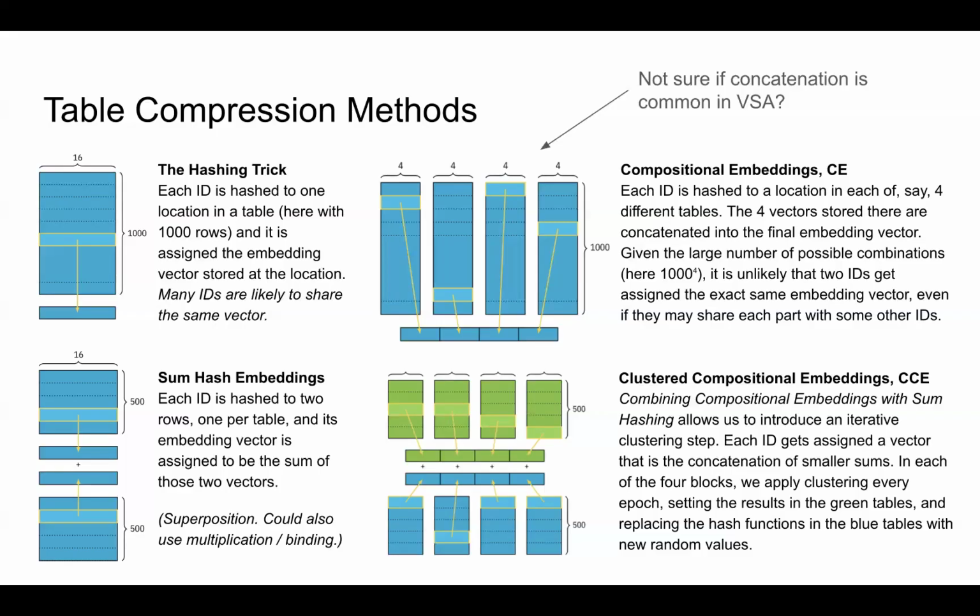So we want to somehow learn the hash functions of the sum hash embeddings as part of training our end-to-end neural network. That's the main goal of this algorithm and this talk. Please stop me and ask questions at any point if anything is unclear.